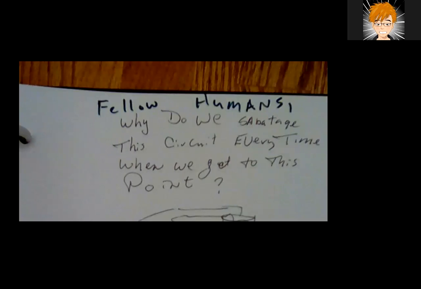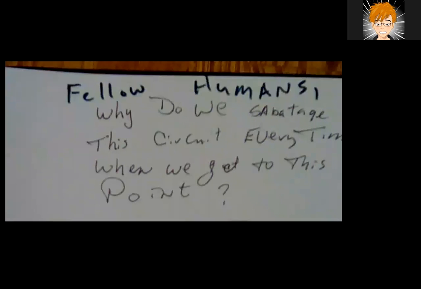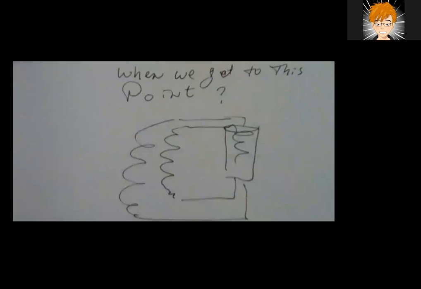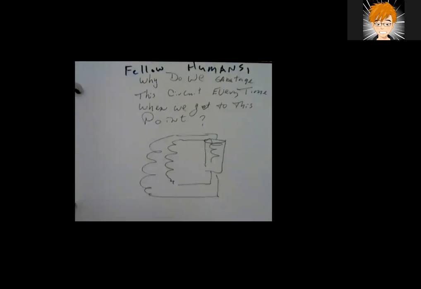Why do we sabotage this circuit every time we get to this point? I've basically reduced the whole system down into a very simplified circuit.